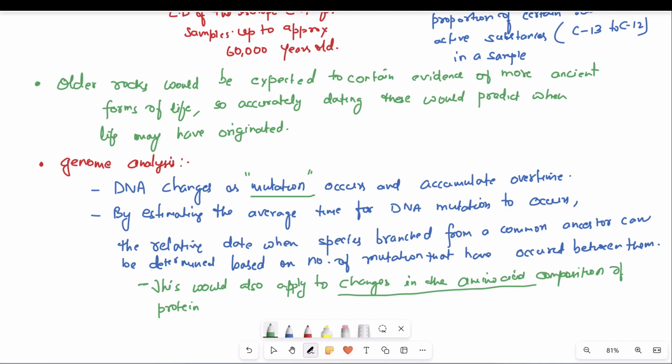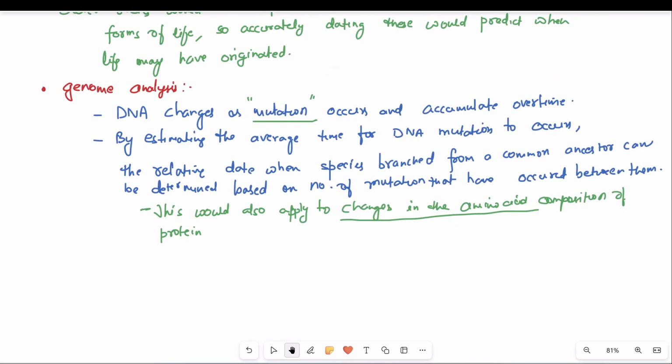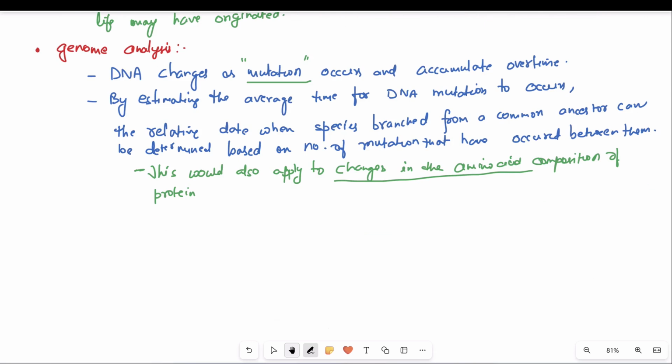So, on the assumption that these changes occur at a constant rate, this forms a basis of a molecular clock. So, let's say these things are happening in, let's say, every 100 years. So, it will provide evidence and we can put a concept of molecular clock.